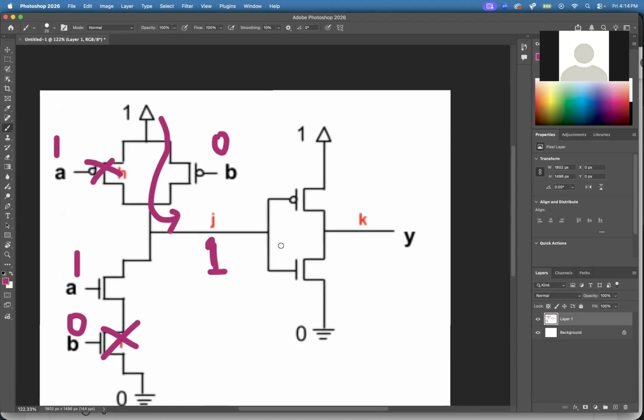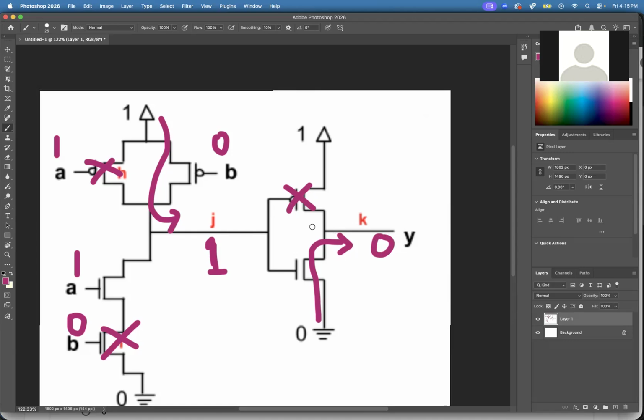So you end up with a 1 here. And then if a 1 is here, which one conducts, the top one or the bottom one? Well, this one would conduct if there was a 0 here, but it's a 1. So this one, no. But this one does conduct, so this 0 makes it through here and we end up with the 0 at the end.